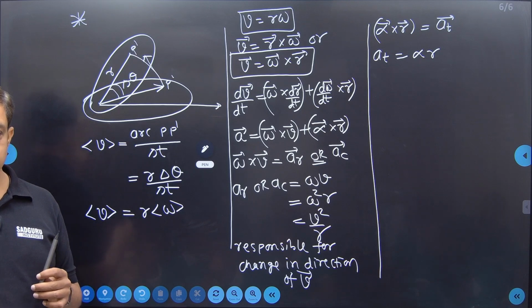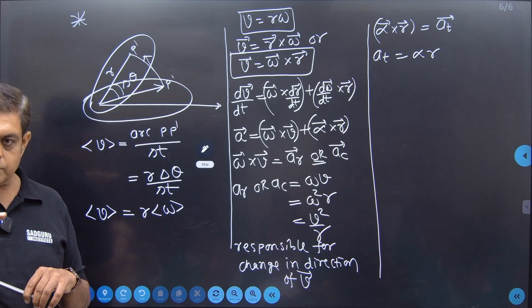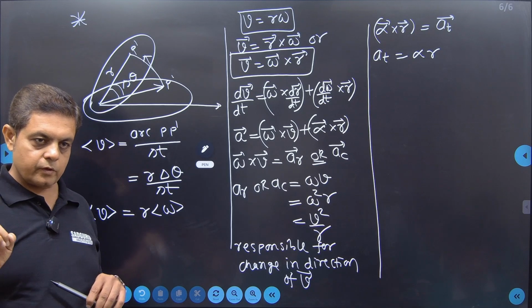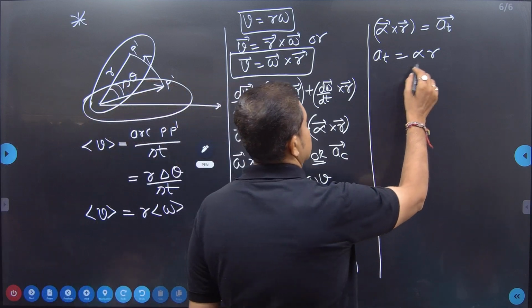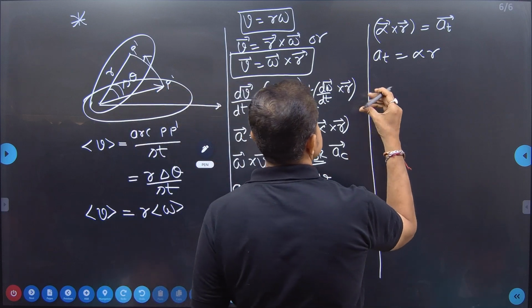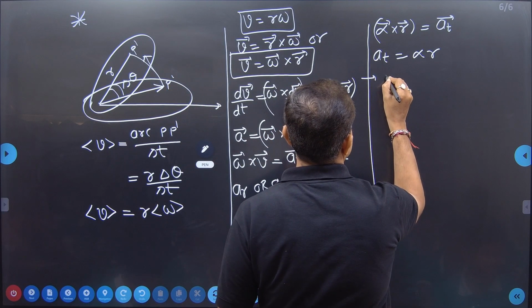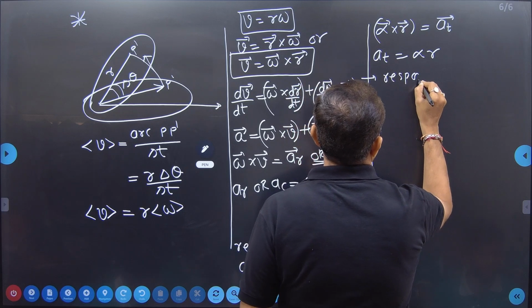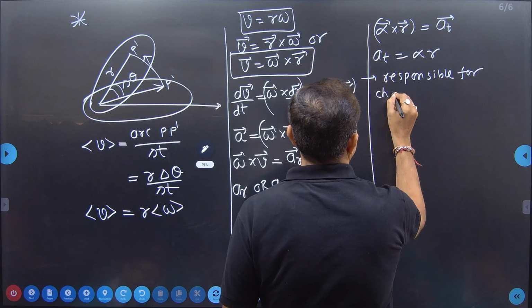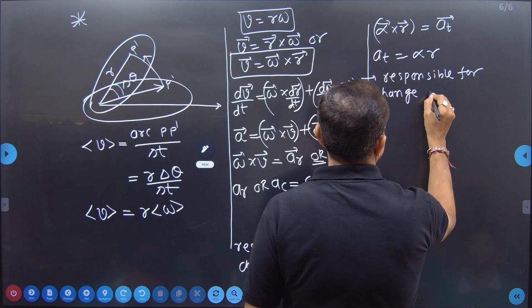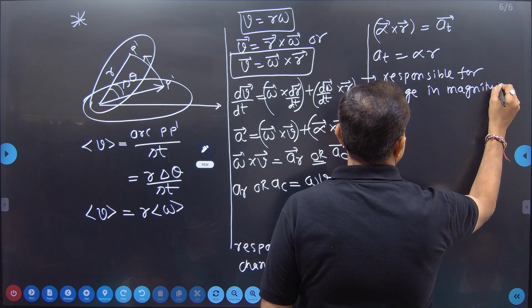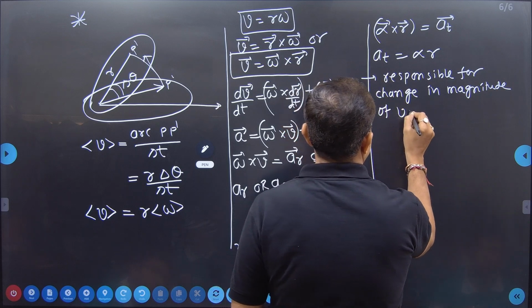An axis of rotation is always perpendicular to the plane of the body in which it rotates. So alpha and r are mutually perpendicular, sine theta is 1, giving alpha r. And this component is responsible for change in magnitude of velocity.